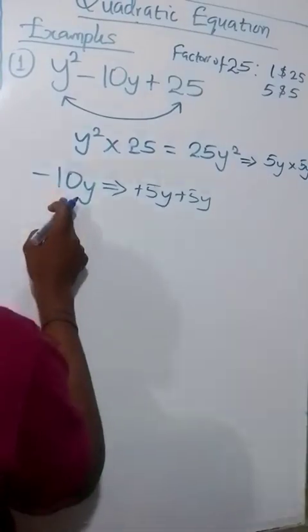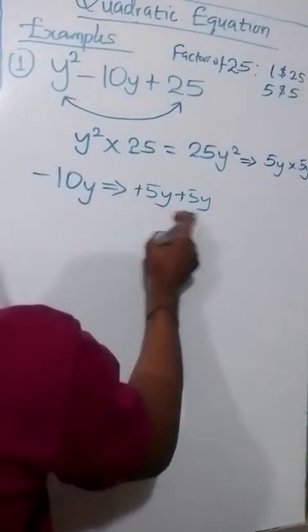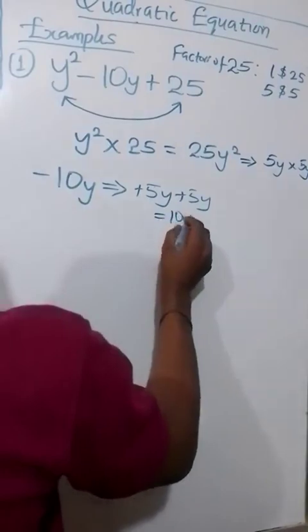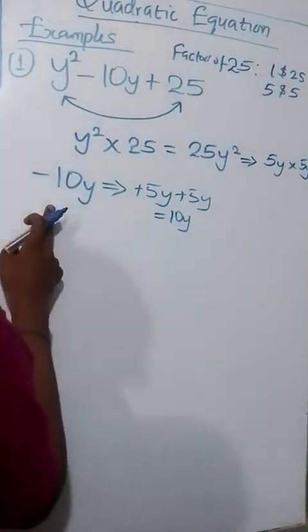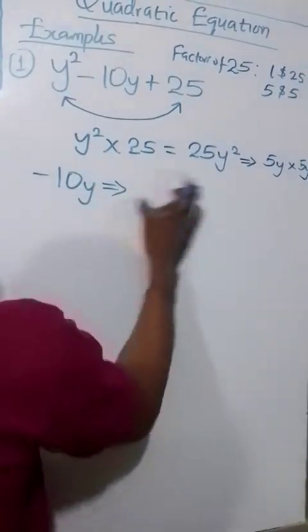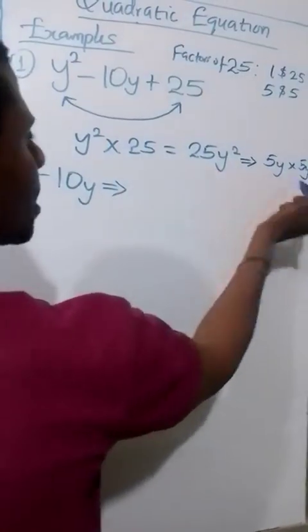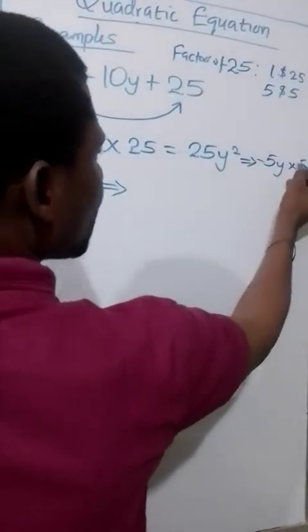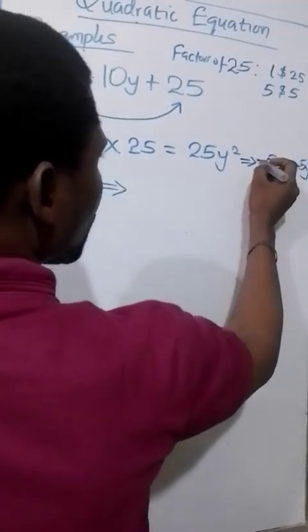So what are we going to get here? This is 10y. But is this the minus 10y we want? No. So we go back here, and our answer is going to be minus 5y times minus 5y.